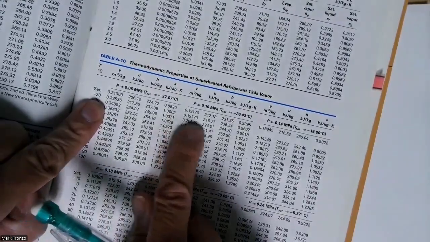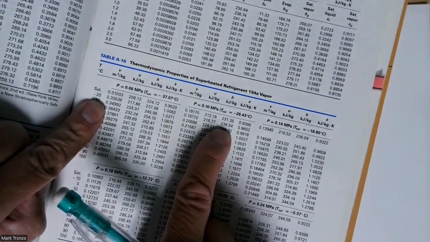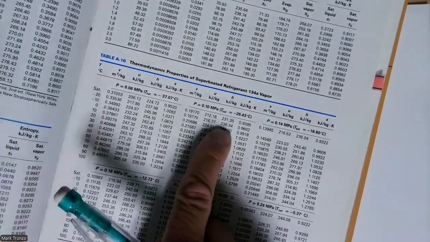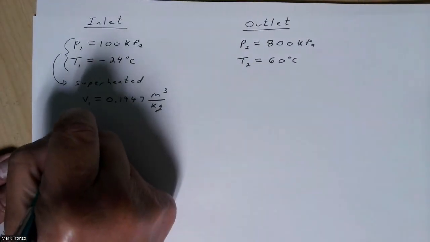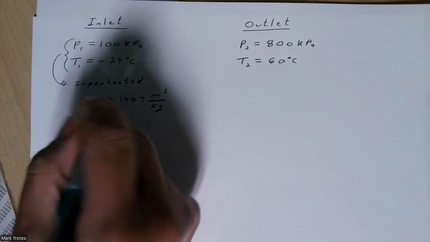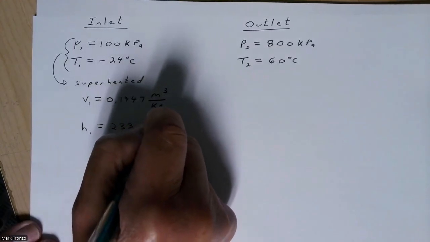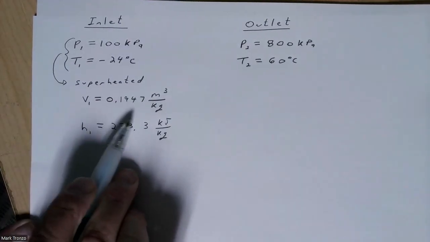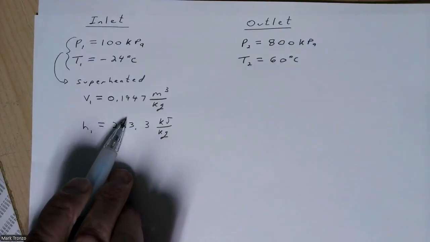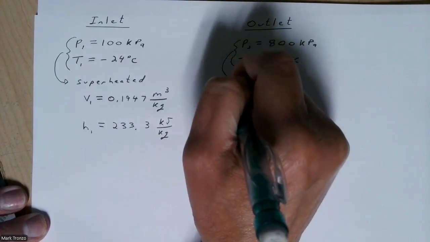And then for the enthalpy, when I interpolated here, I got around 230, or rather about 233.3 kilojoules per kilogram. You can double check it, especially this one. I'm not sure if that's exactly right, but definitely very, very close. Then now over here, we'll check this as well.